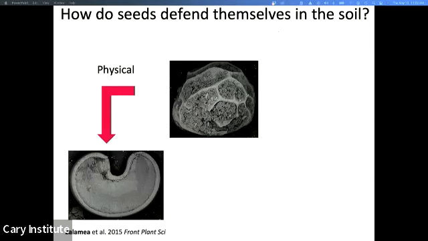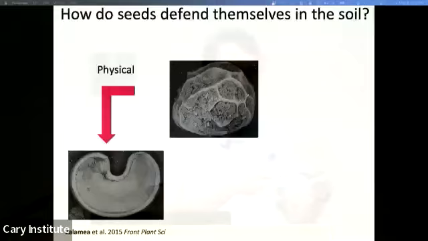Now that we know that, we can go to another question, and that is how seeds defend themselves in the soil. And so if we have different communities of fungi associated with different species of plants, we can assume that those seeds have different filters that will filter which fungi are able to enter and colonize those seeds.